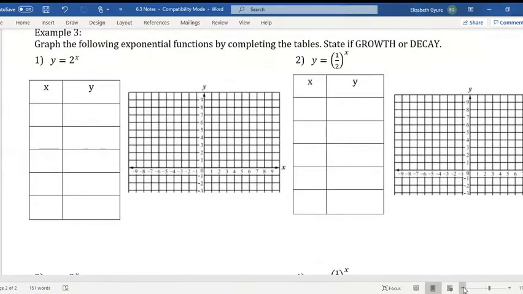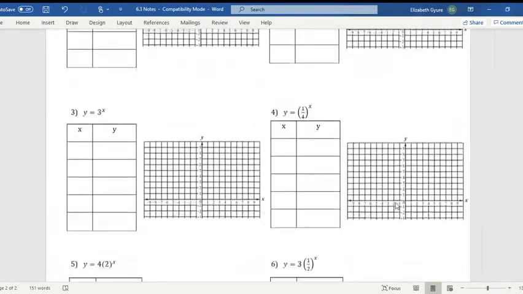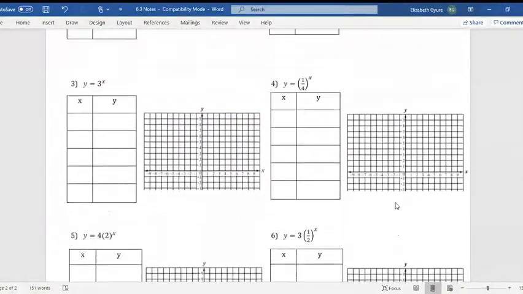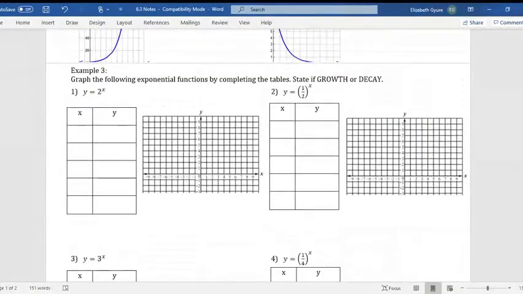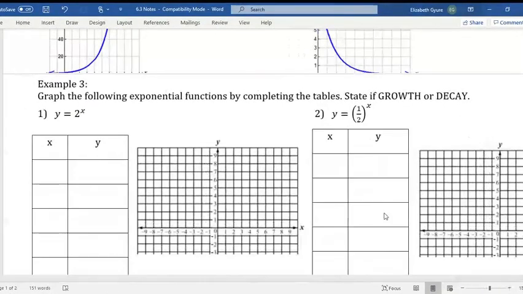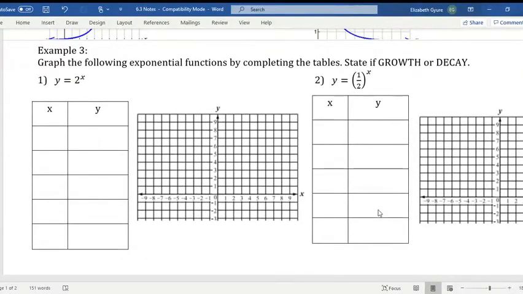So what we're going to do is just practice graphing some of these. So we just have 6 graphs to try out, and then we'll be done. And hopefully then we can start on our homework. So we are going to graph the exponential function, and we're going to state if it is growth or decay. I know in each one of these I have 5 boxes. We're just going to graph 3 points though. Okay, so especially because we're not in person, we're just going to do 3 points instead of 5.